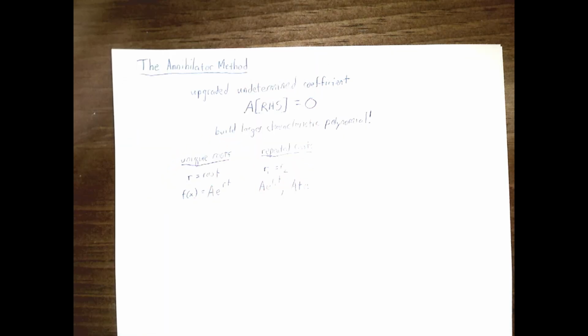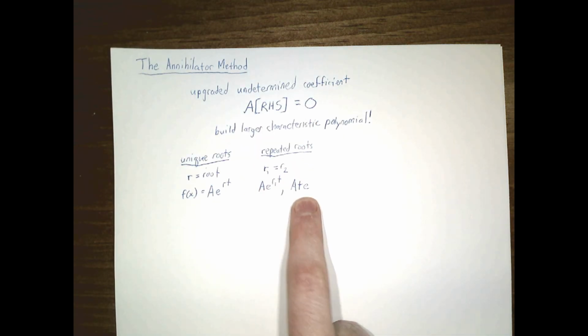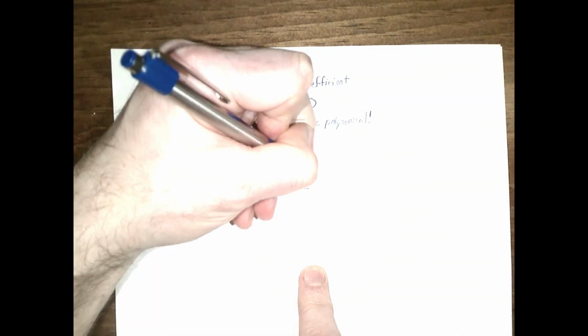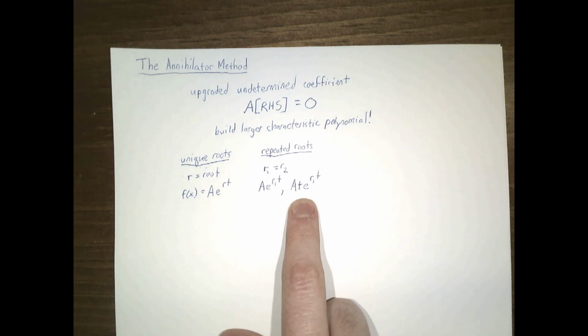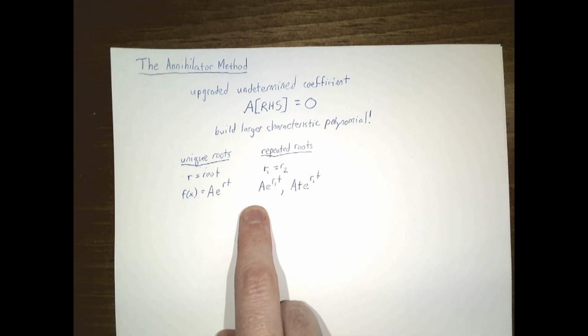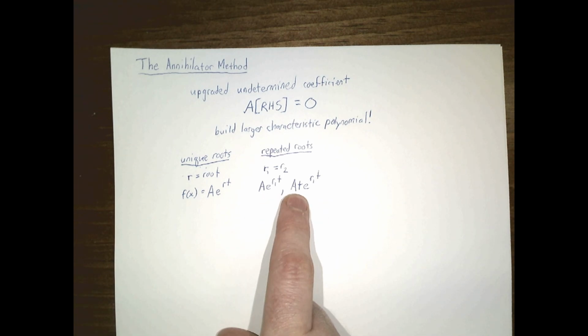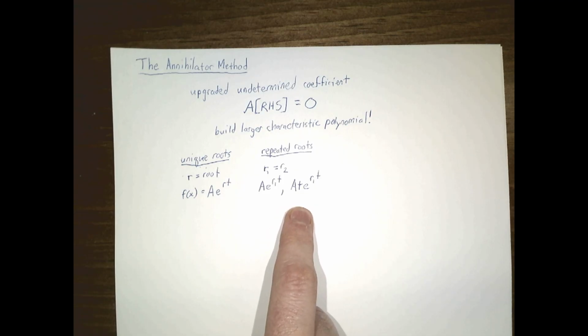And so to accomplish that, we usually take our exponential and we multiply it by a linear factor t out front. We have the same root r1, but it's multiplied by this linear factor. If we had repeated roots r1, r2, r3, r4, we would just multiply each one by another factor of t to get a quadratic and a cubic and so on as that goes down.